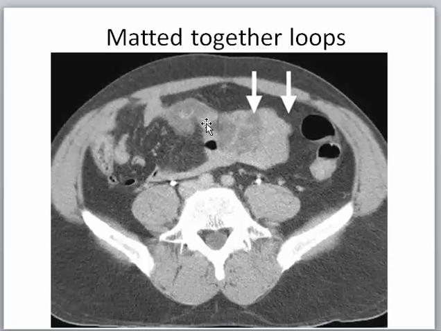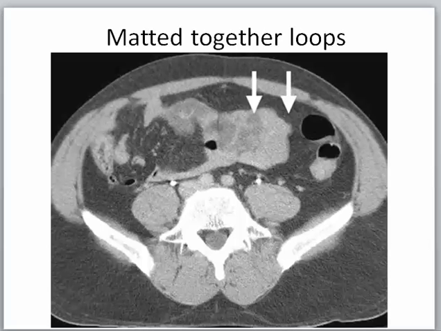Here, what makes these loops are not seen? Because there is very luminal blood. They are called matted together loops. Matted together means they are aggregated together, but this denotes small intestinal injury with blood around the loops.